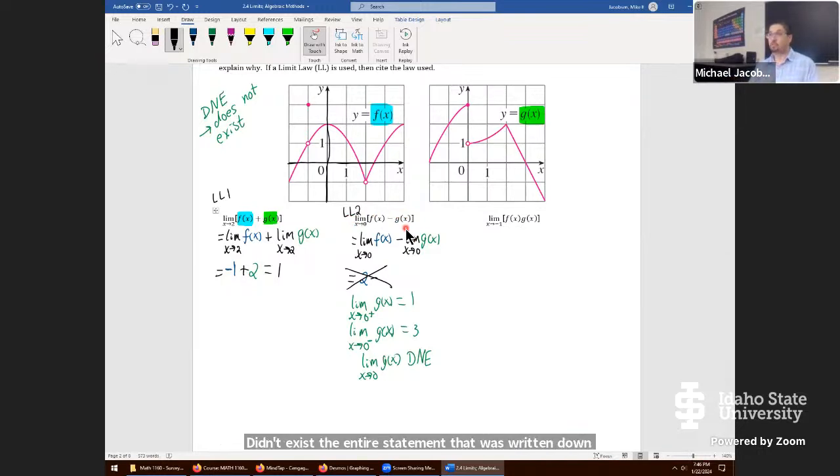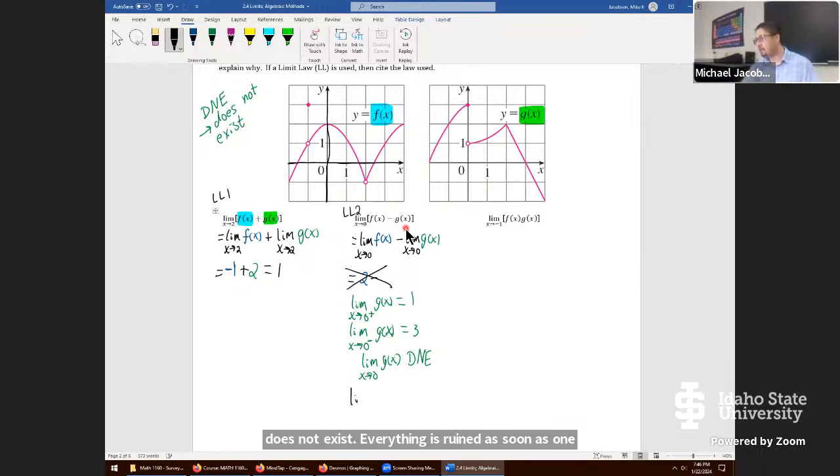Everything is ruined as soon as one portion is undefined, essentially. So we can say the limit as x tends towards 0 of f of x minus g of x does not exist. Our explanation for why it doesn't exist is really everything above what happened to g of x. It has different values depending on how you approach. But for a double-sided limit to really exist, these single-sided limits had to agree.